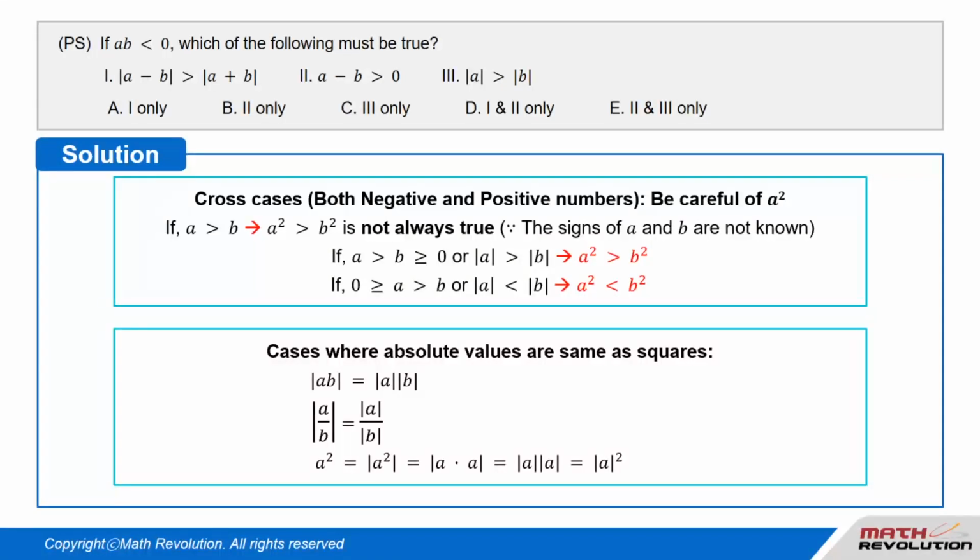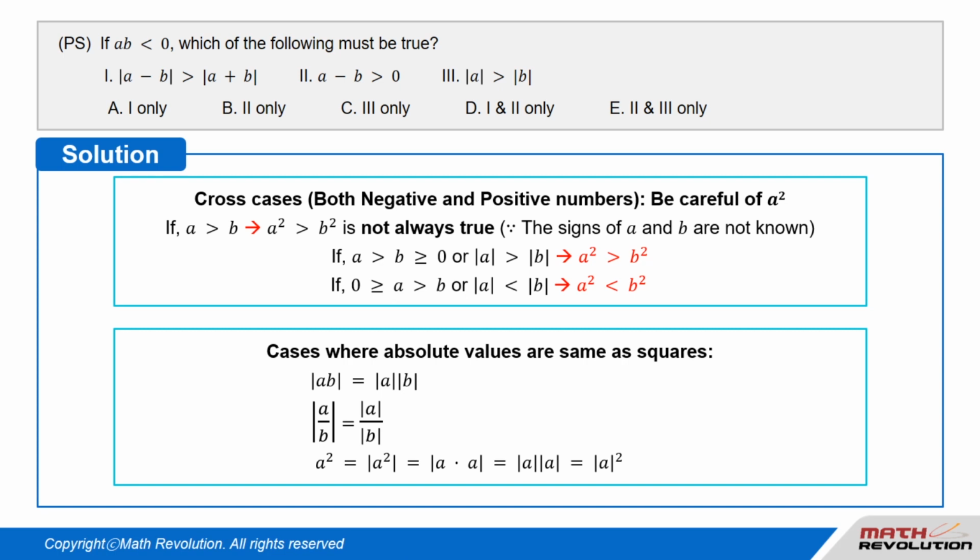Solution. Cases where absolute values are the same as squares. There are areas where the absolute values can be taken as squares. Absolute value of a times b equals absolute value of a times absolute value of b.